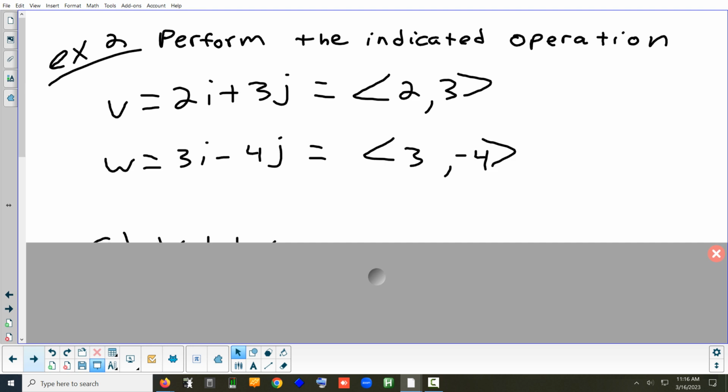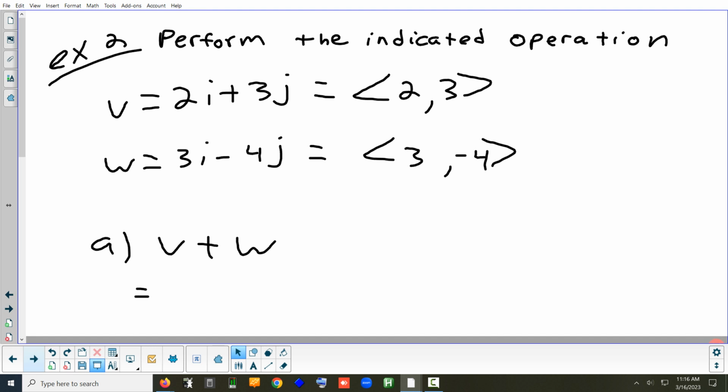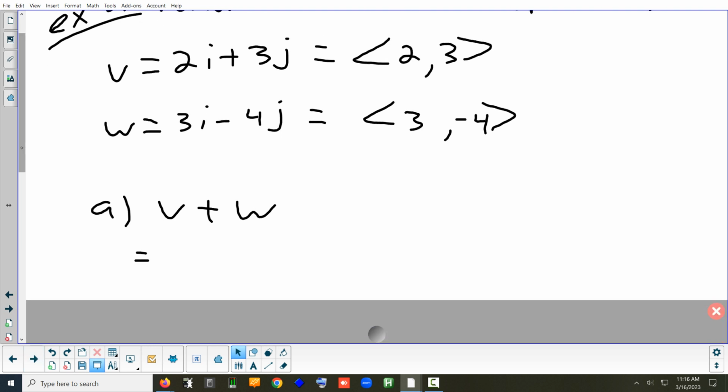Okay, well, let's try this. So we got a couple of vectors. I've written them both in unit vector form and the notation we learned on Monday. And the first thing I want us to do is add them up. Let's write the answer as i and j first, and then we'll write it the other way.